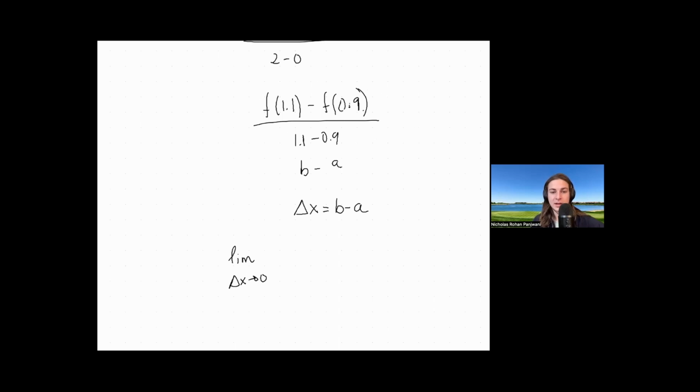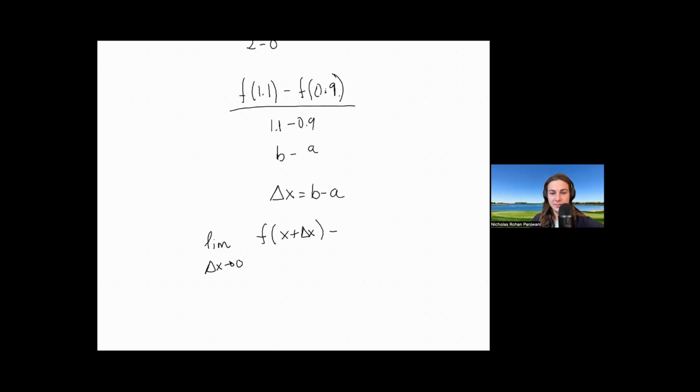We're going to take our starting point, because again, what we're trying to estimate is the instantaneous rate of change at some particular x value. So let's call this f of x plus delta x minus f of x over x plus delta x minus x.